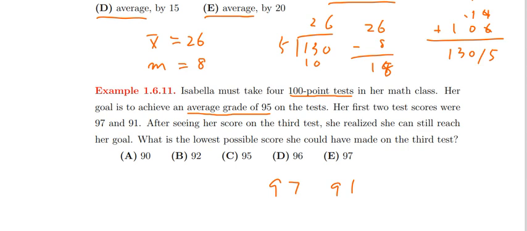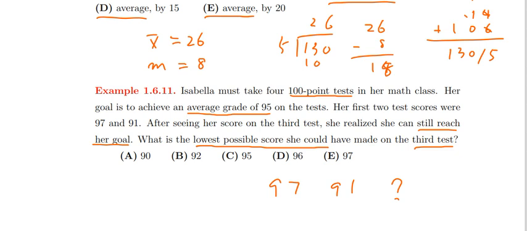So this one we don't know, suppose 30. After seeing her score on the third test, she can still reach her goal. So what is the lowest possible score she could have on the third one?